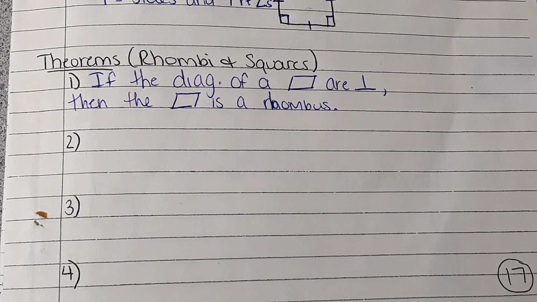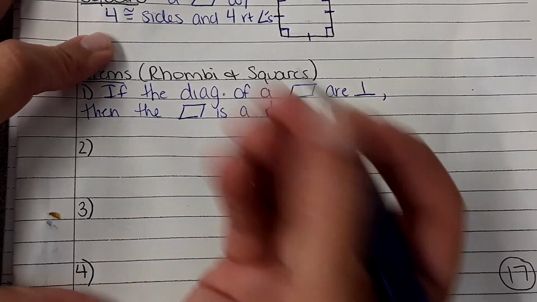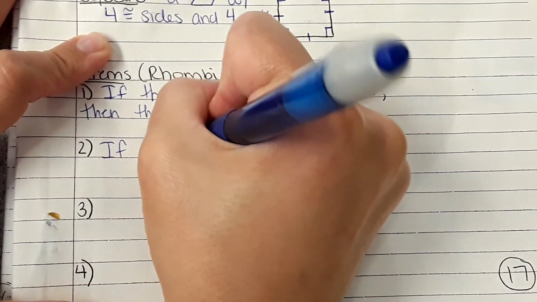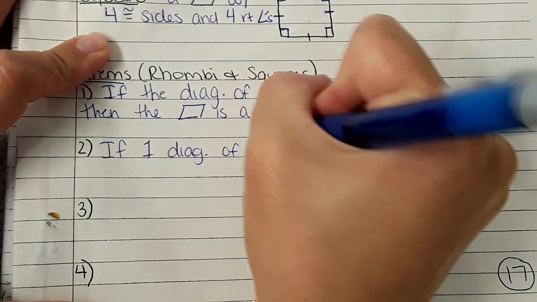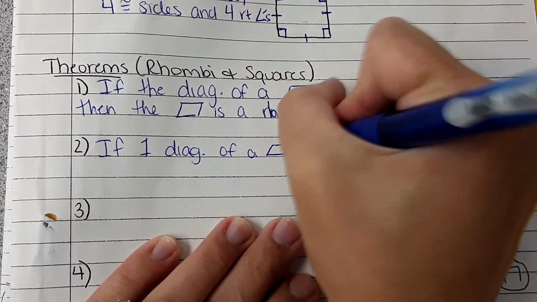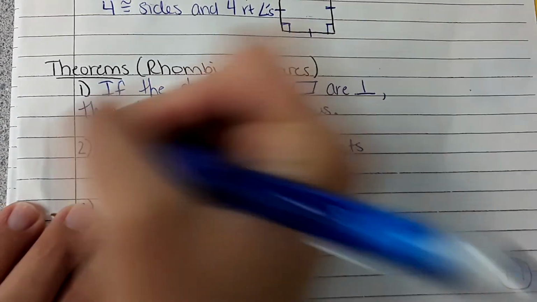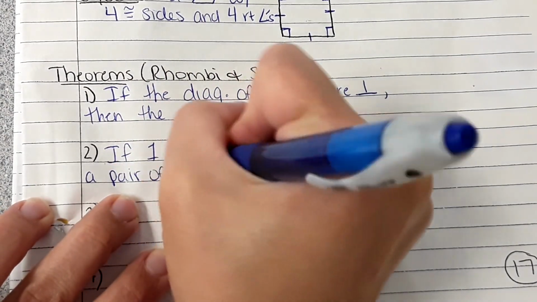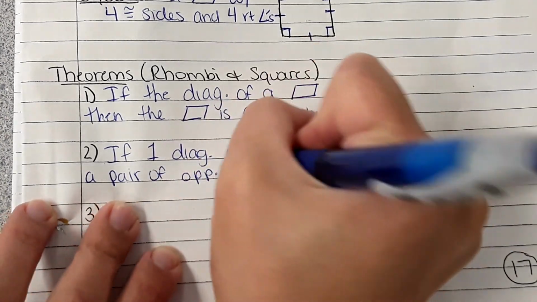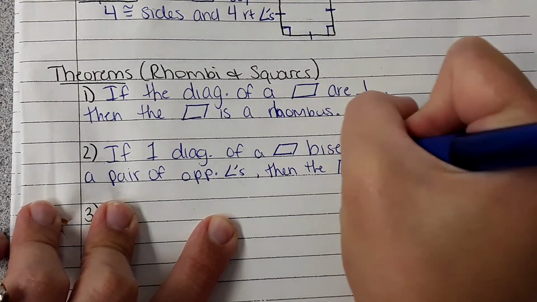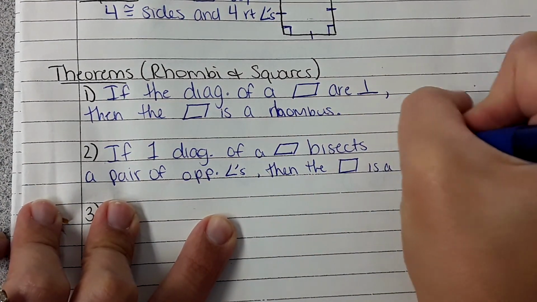Number 2, if one diagonal of a parallelogram bisects a pair of opposite angles, then the parallelogram is a rhombus.